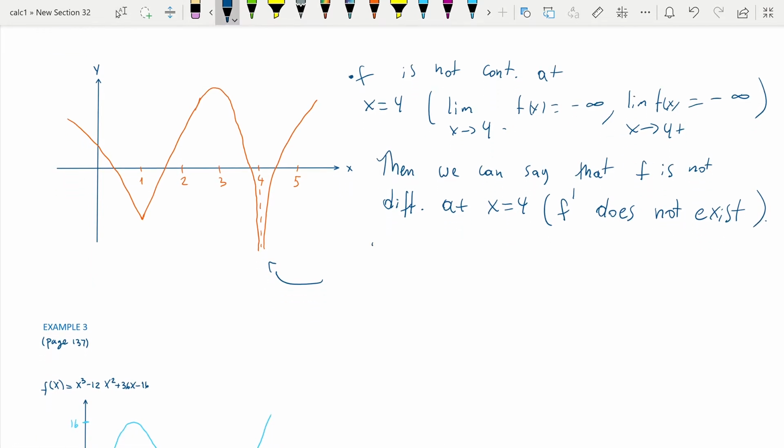But then there's another thing. If we look at what happens when x is equal to 1, the function is continuous. I mean, there are no jumps in the graph of f, and the function is defined here at 1. It has the same value as the limit as you approach 1 from the right or from the left. So f is continuous.